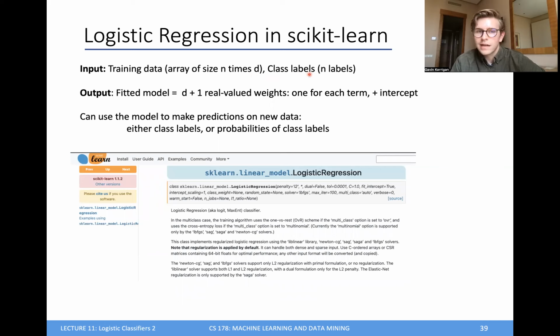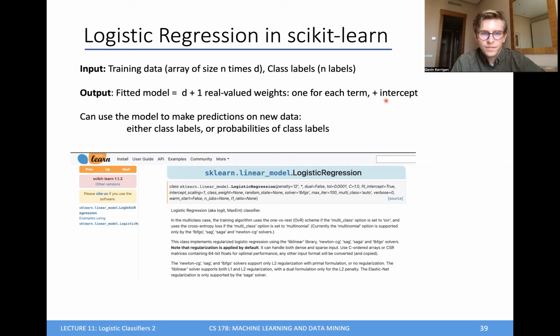Then we also pass in the class labels. These are clearly necessary for us to fit our model. And the output of our model, after fitting by minimizing our loss function, is going to be our d+1 real valued weights. So we have 1 weight associated to every one of our vocabulary terms, plus an intercept term.